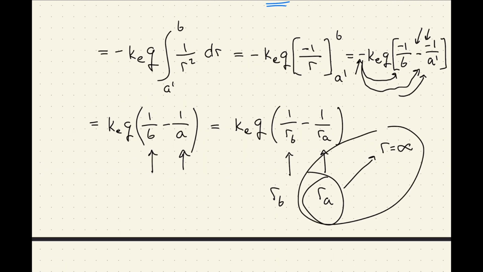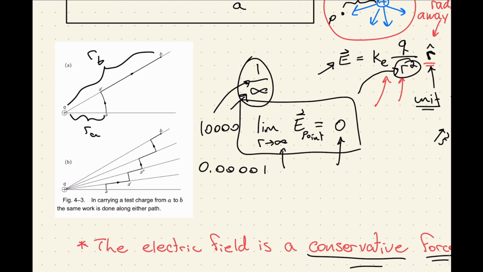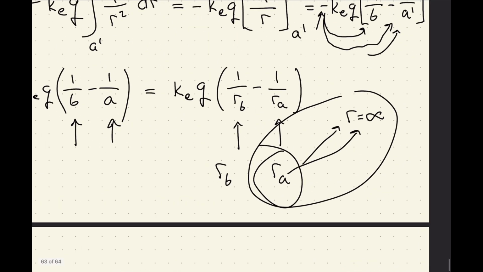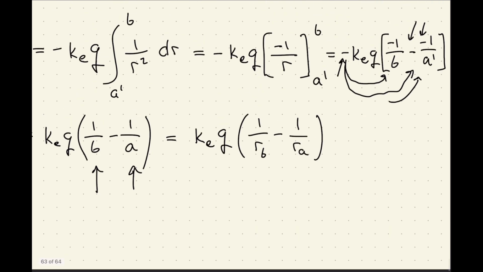Let's say RA is at infinity. What this is saying is, instead of calculating the potential difference between here and here, we're calculating the potential difference between here and this distance if we send this all the way out to infinity. So what does that look like? Well, we can erase all this stuff to make it a bit more simple. This thing here is equal to 1 over infinity, which goes to 0.